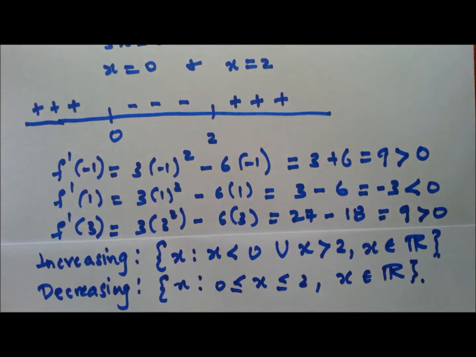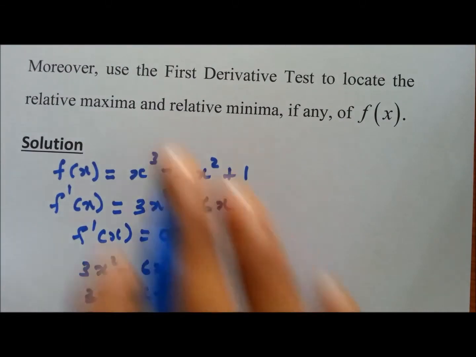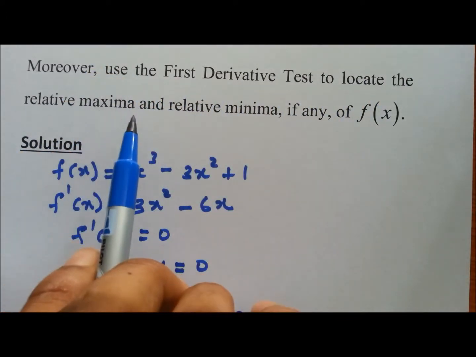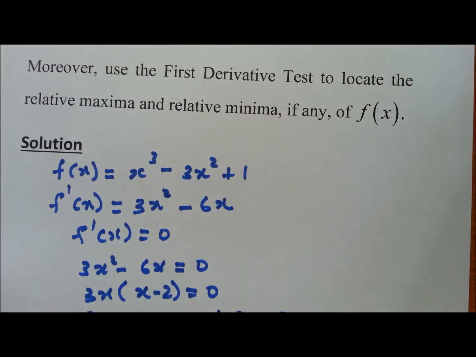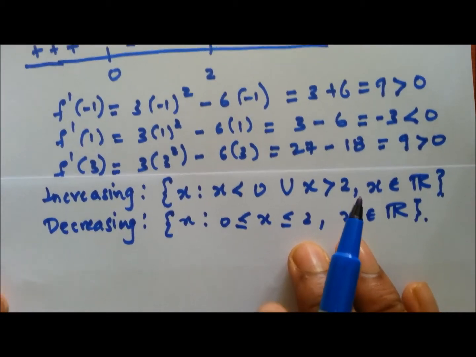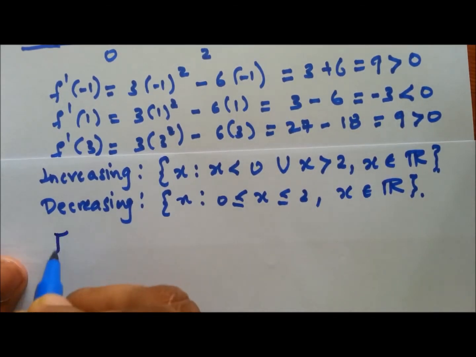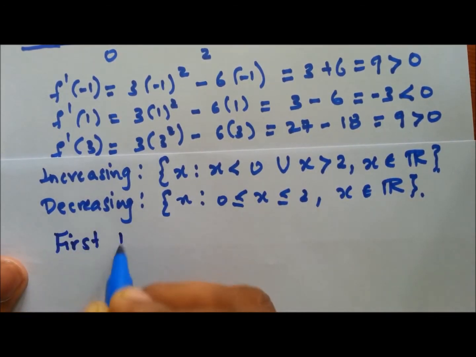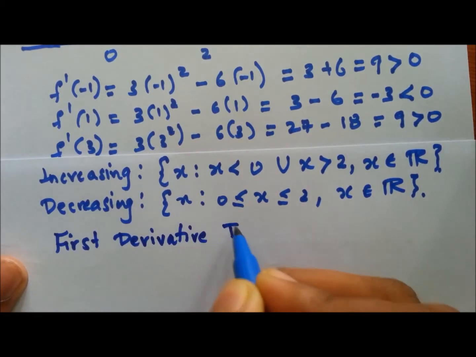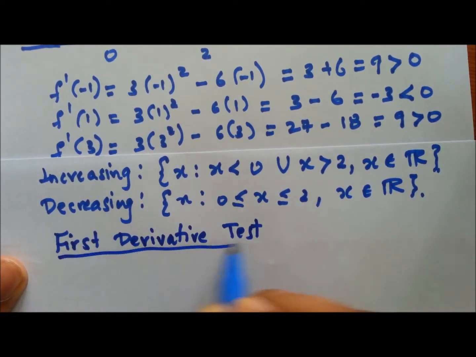But the question next asks us to use the first derivative test to locate where there is a relative maximum and where there is a relative minimum. Let's see what the first derivative test says. I'll explain it in graphical form.